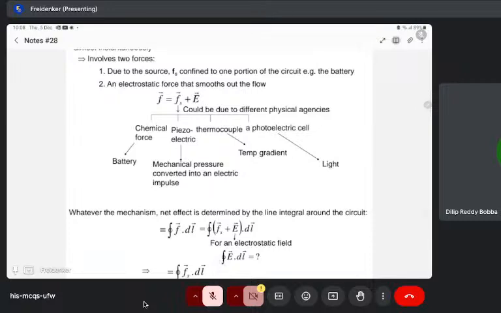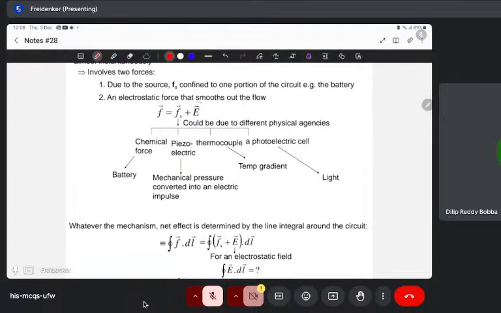At this point, they're just trying to note down the net electric field. Electric field is nothing but force per unit charge, right? So this is some force per unit charge.